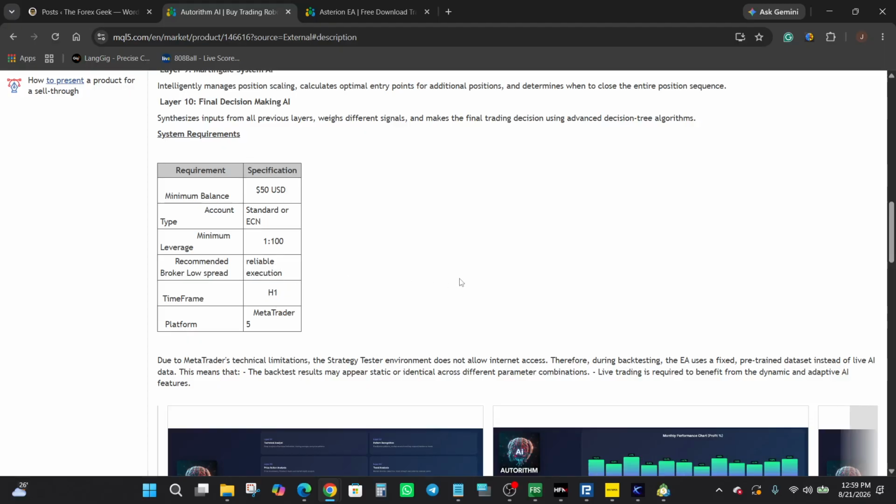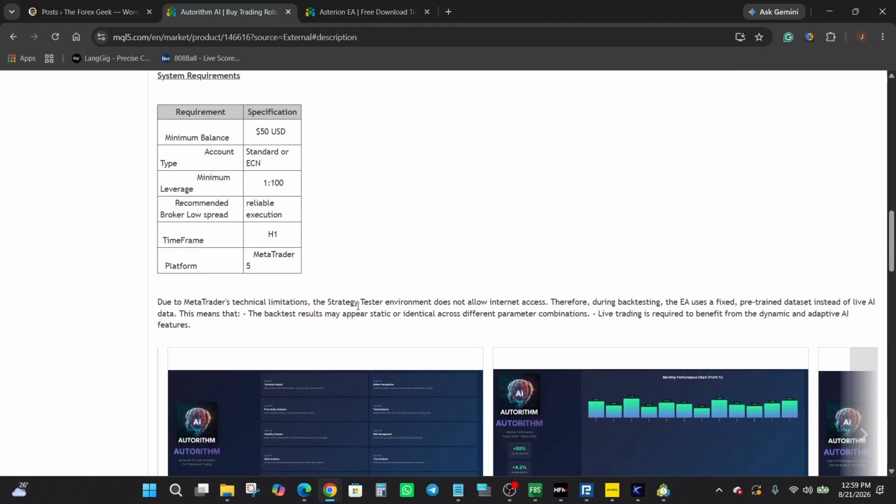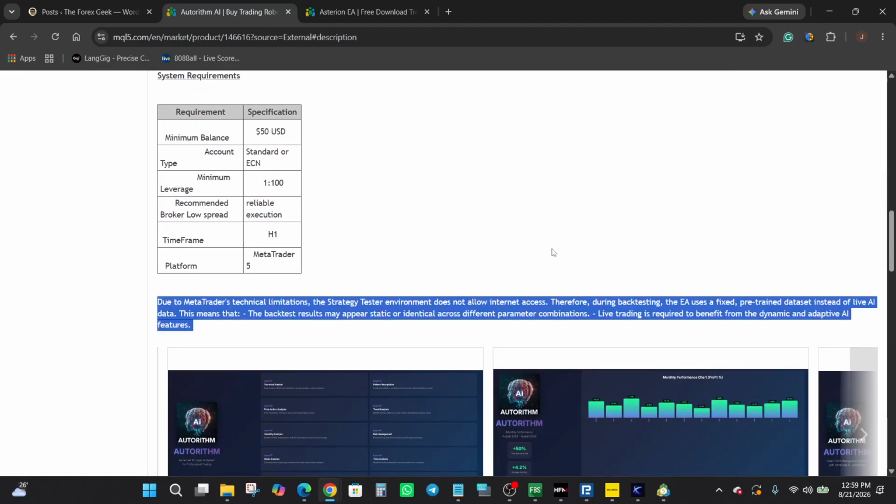Again, these are the requirements and recommendations provided by the developer, not conditions that are independently verified. Now, one of the most important points in the listing concerns backtesting. The developer explains that MetaTrader's strategy tester does not provide internet access, so the EA cannot use live AI data during testing.